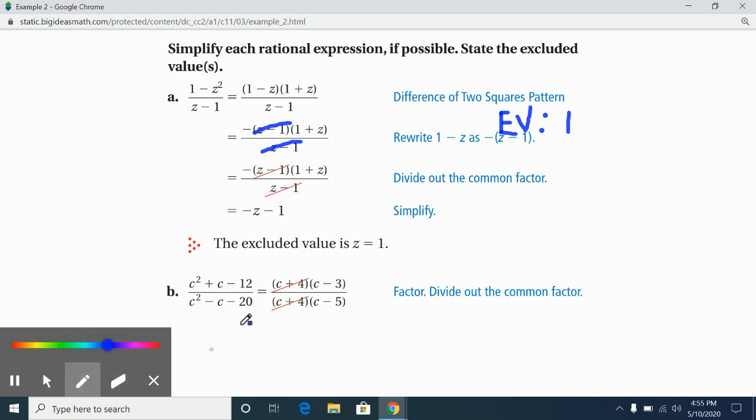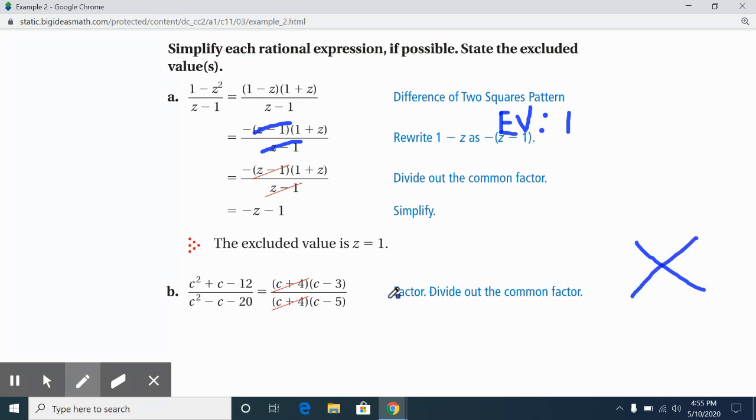All right, let's look at example B more so. They do some of the work for you. They factor right away. All right, so how did they factor exactly? Let's look at that. If we look at this top trinomial, remember, how do we factor trinomials?